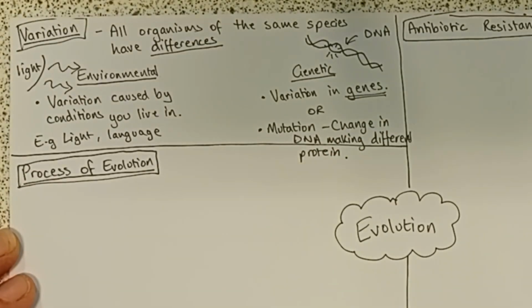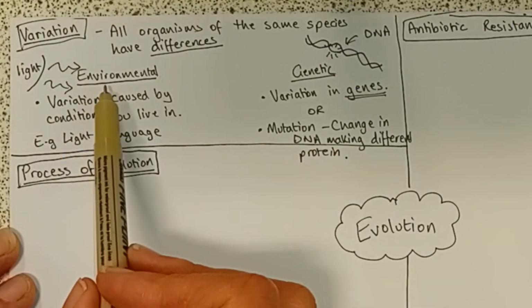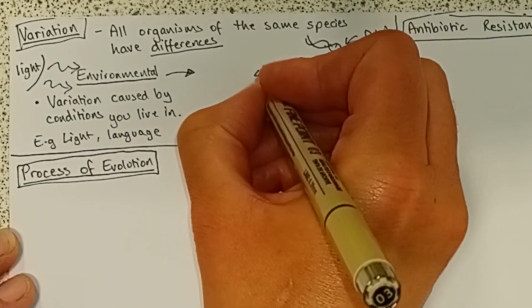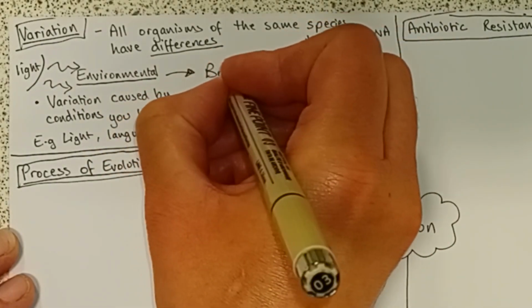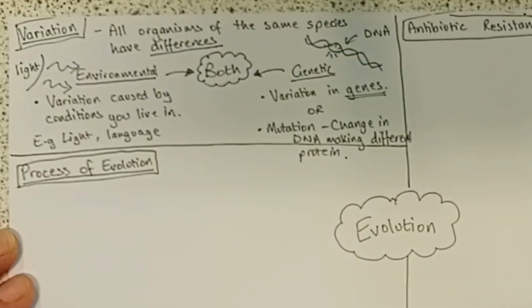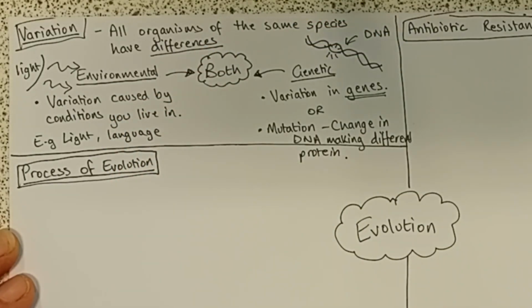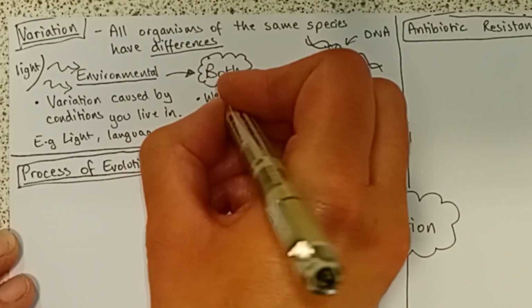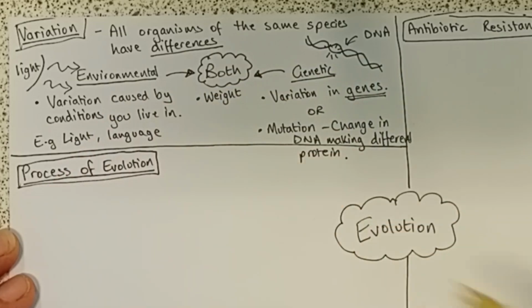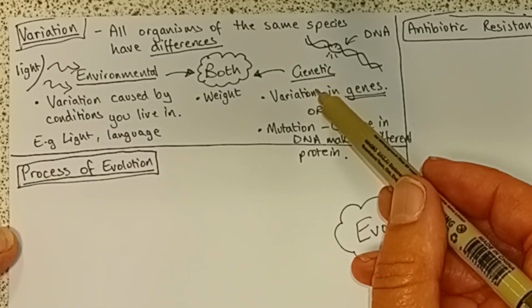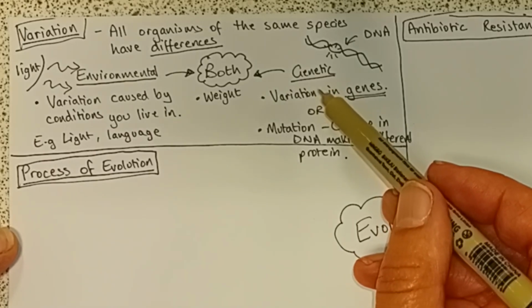In reality, though, lots of factors aren't just environmental or genetic. Lots of factors are both. They are a combination of environment and inherited or genetic characteristics. For example, weight has an obvious environmental factor, depending on the amount of food you've eaten, but also there are quite complicated genetics based around metabolism and appetite.